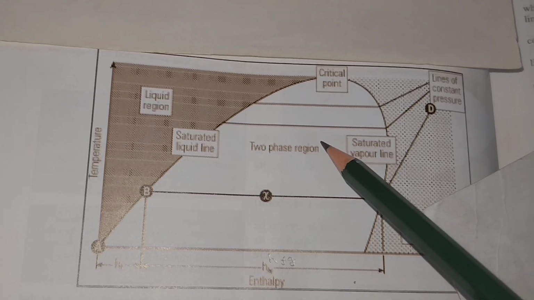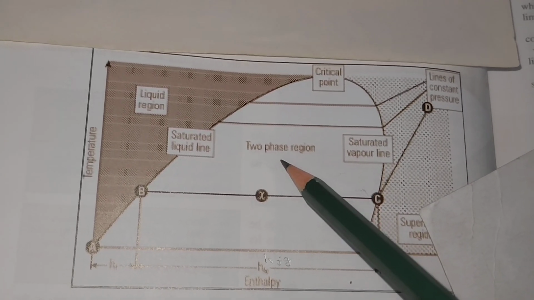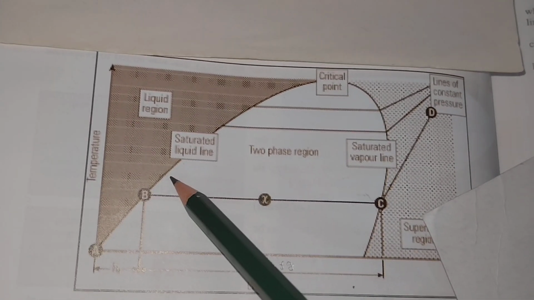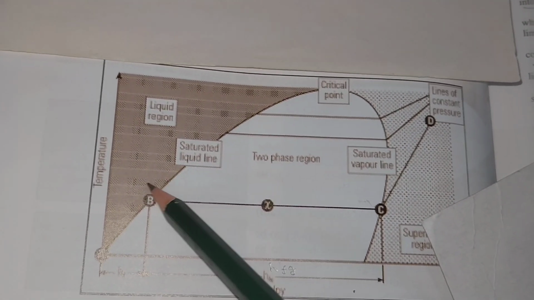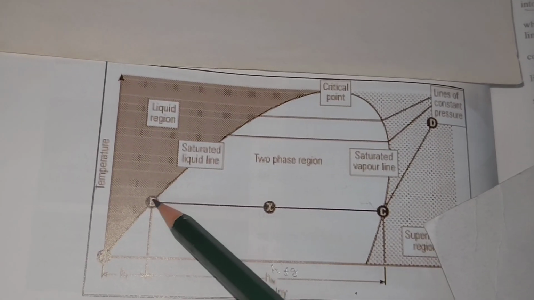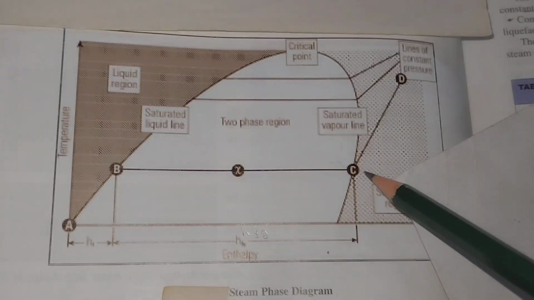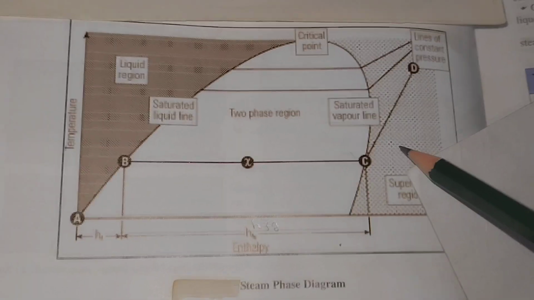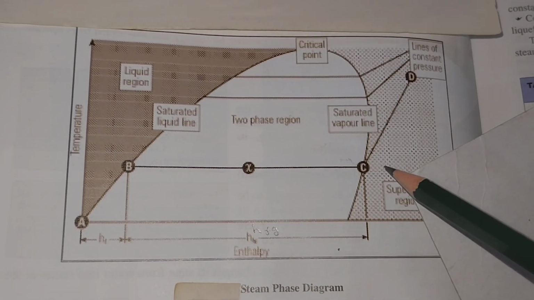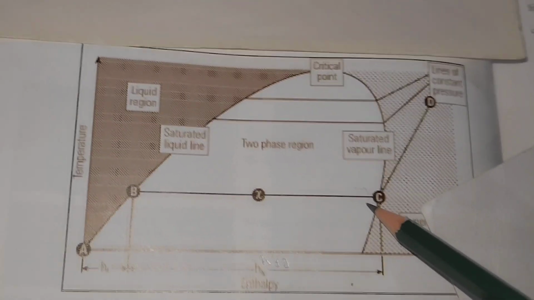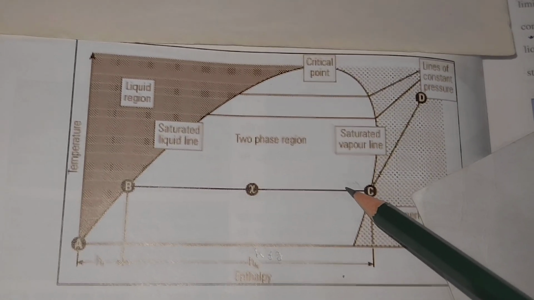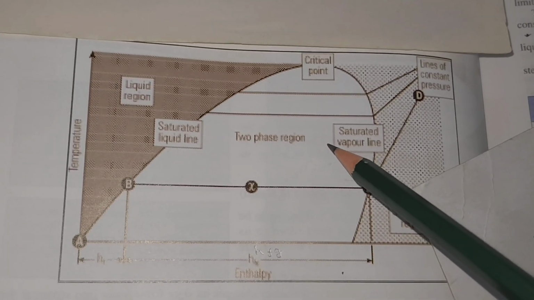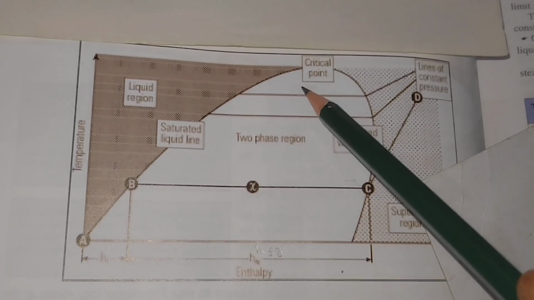In the region to the left of the saturated liquid line, only water exists, and to the right of the saturated vapor line, only superheated or dry steam exists.